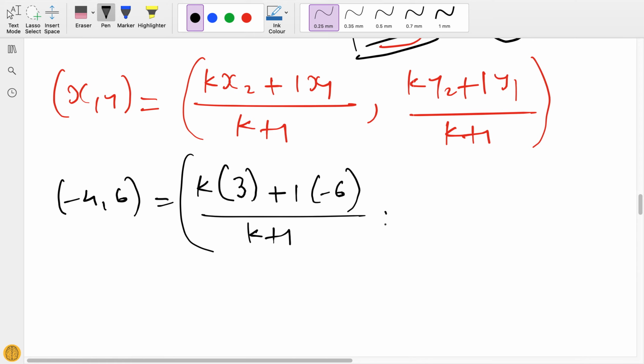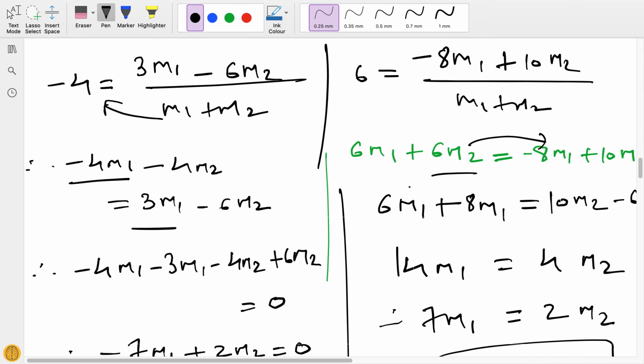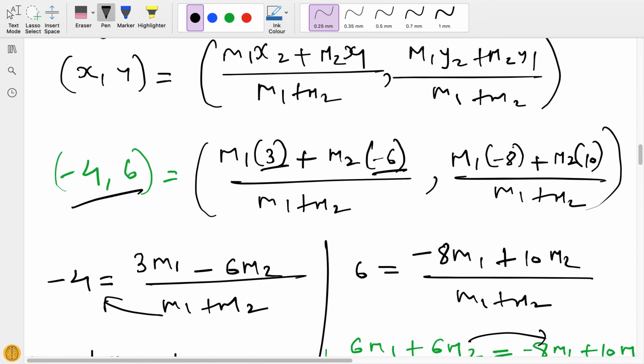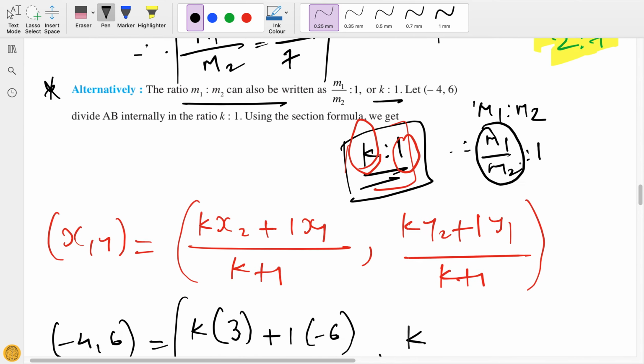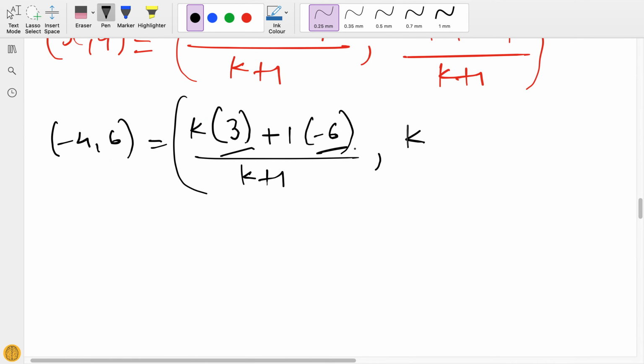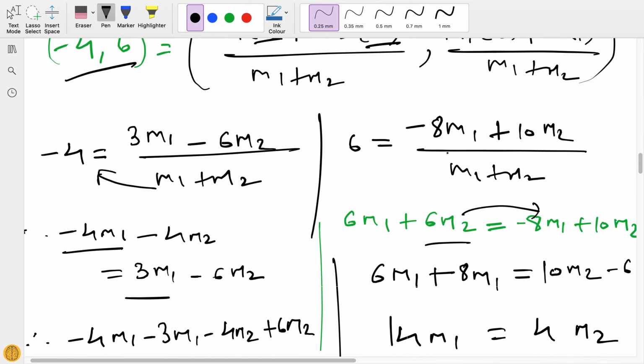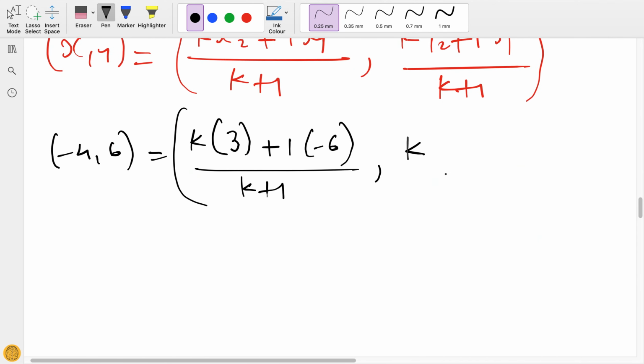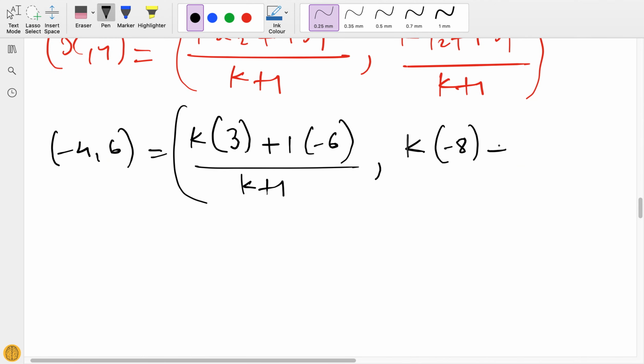These are the x coordinates, and the y coordinate will be k times y2 plus y1. What is y? y2 and y1 are minus 8 and 10, right? Minus 8 and 10, yes. So minus 8k plus y1, which is 10, upon k plus 1.